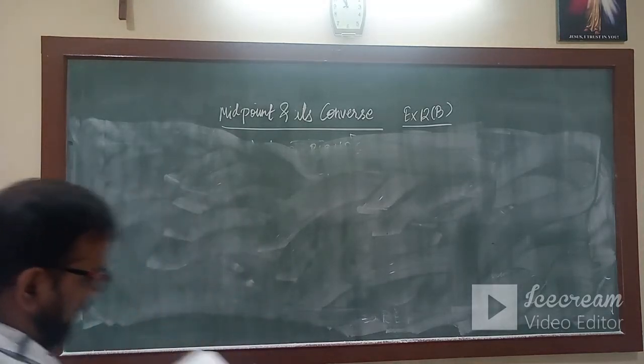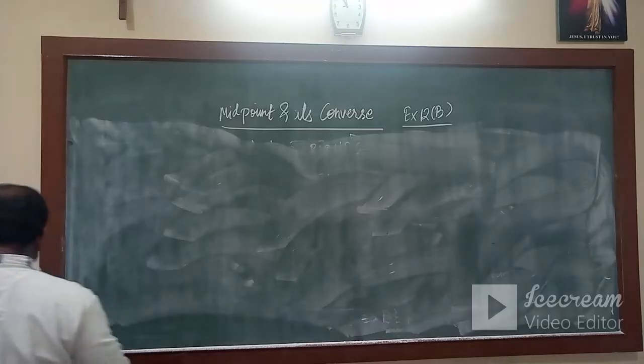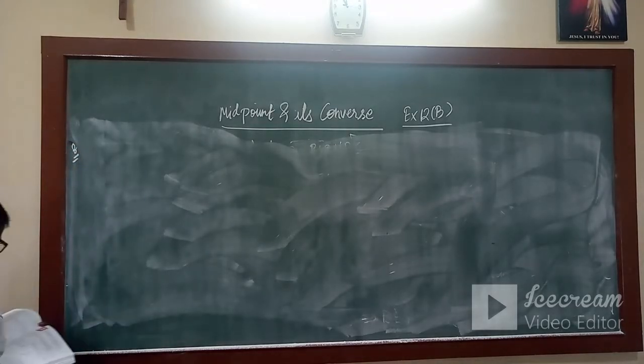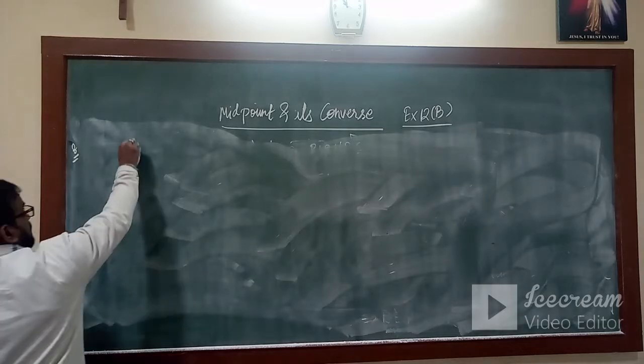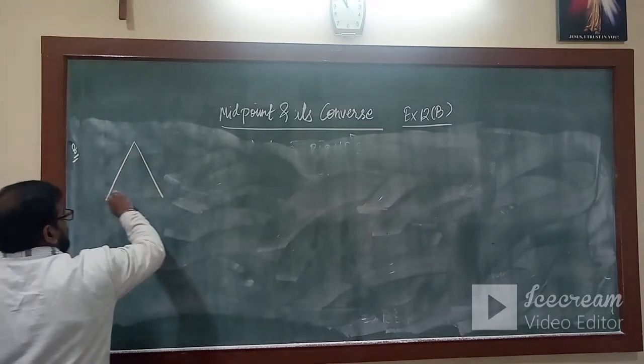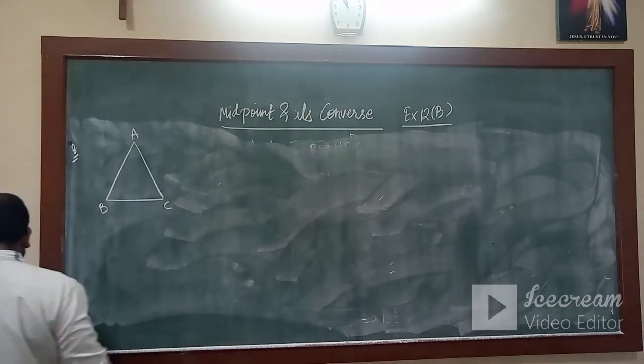Let's see question number 8. So what does 8 say? In a triangle ABC, draw triangle ABC, no problem. ABC we are drawing.